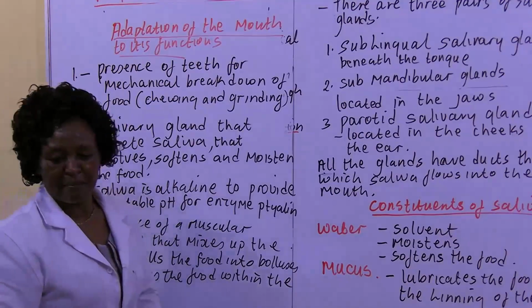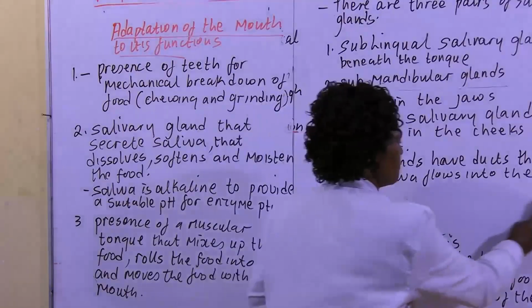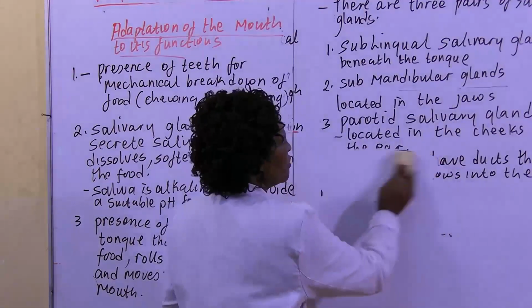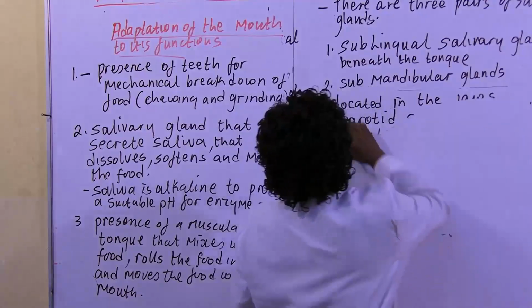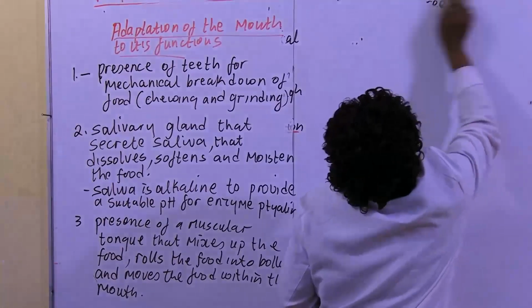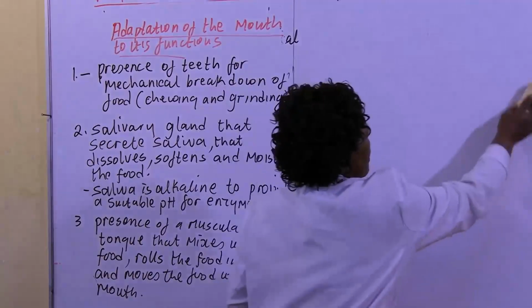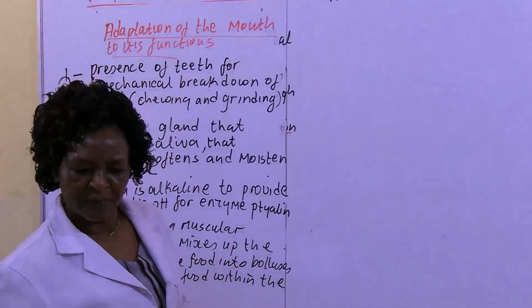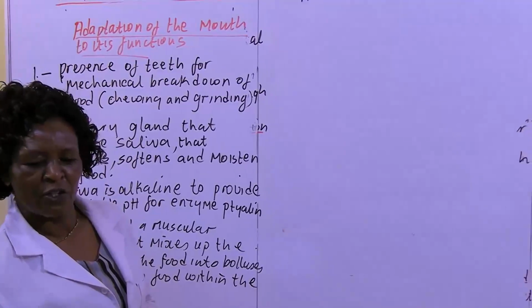Those are the three main adaptations of the mouth, how it is suited for mechanical and chemical digestion. Now, let's look at the process of swallowing.